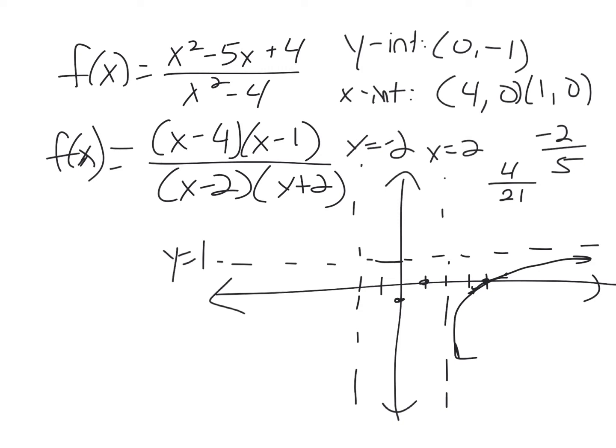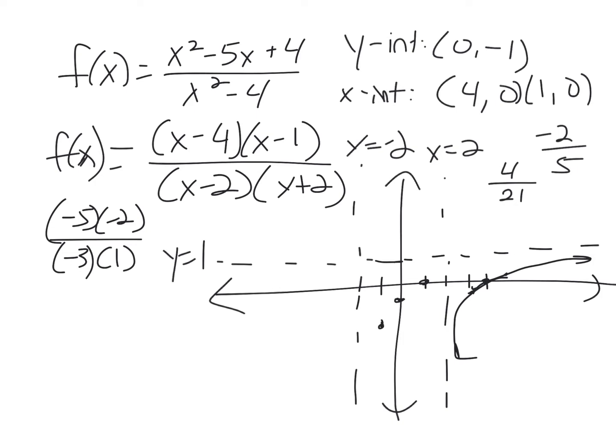What do we get? Negative 1 will get negative 5 times negative 2 over 1 times negative 3, giving us, let's see, 10 over negative 3. 10 over negative 3 is about a little over negative 3.5, so somewhere over here.